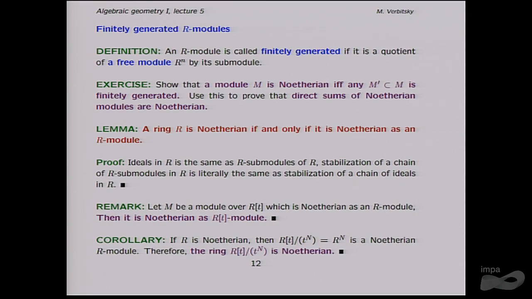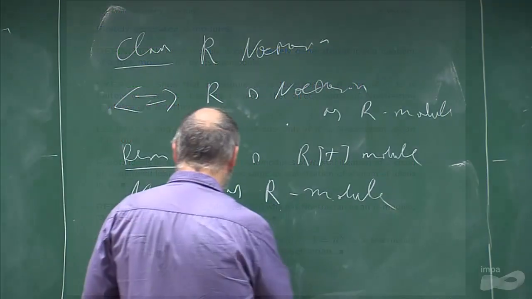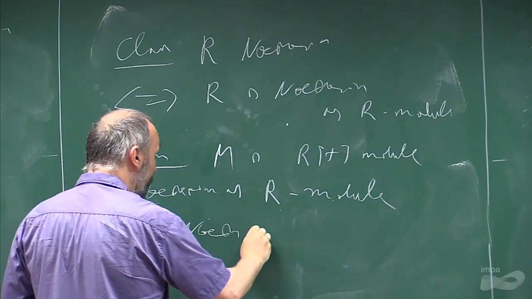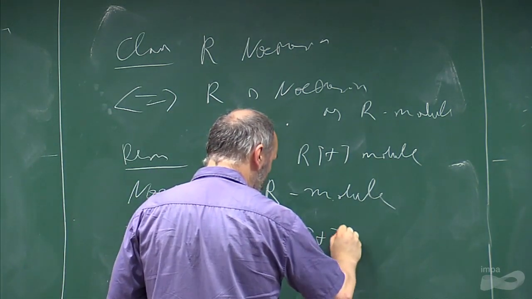Okay, so what we need to show is, if you have a module, this is a trivial remark, if M is an R[T] module which is Noetherian as an R module, it's Noetherian as an R[T] module.